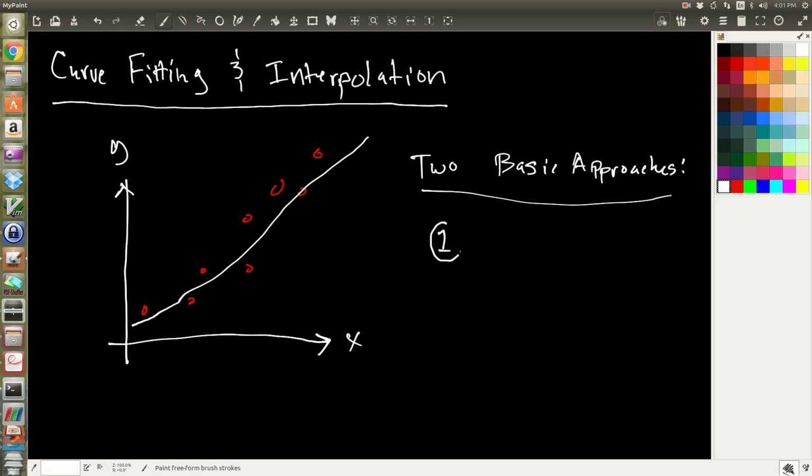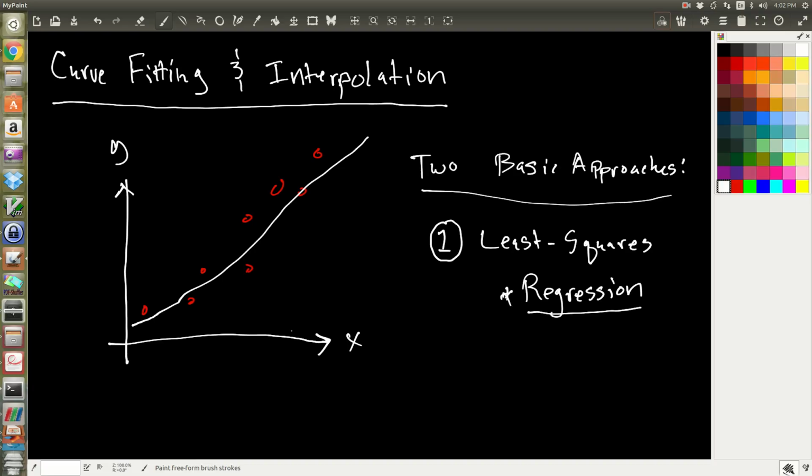This is number one. Least squares regression. So that's, okay, regression is the more general term for it. Least squares is a type of regression. It's the type of regression that we're going to be talking about.